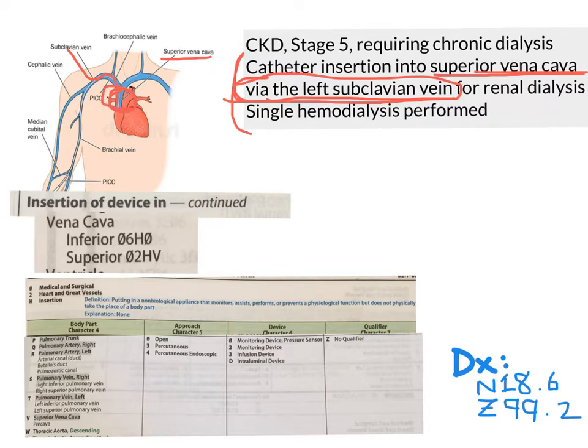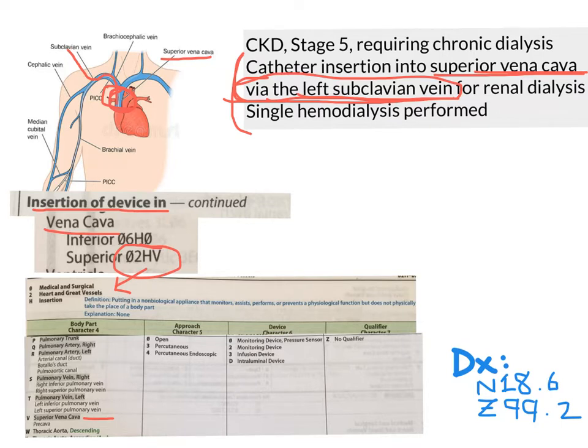So we'll be following this path in the alphabetic index of PCS, insertion of device in vena cava, not the left subclavian vein. Code to that furthest point of insertion. So here we have insertion of device in vena cava superior, 02HV. That will lead us to this table with superior vena cava.